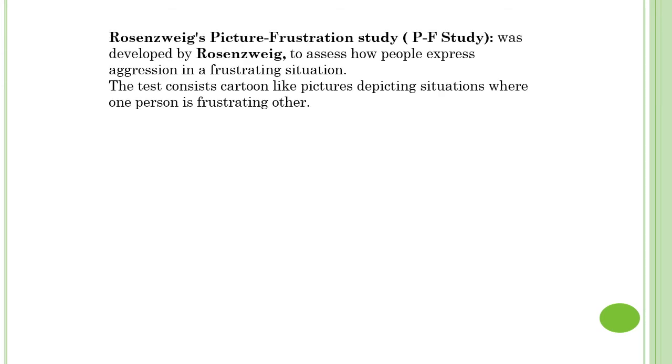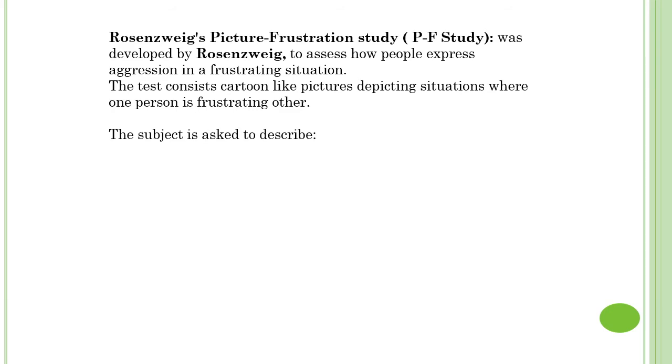The next method under projective technique is Rosenzweig's picture frustration study, which is also known as PF study. It was developed by Rosenzweig to assess how people express aggression in a frustrating situation. Here in this test, it consists of cartoon-like pictures depicting situations where one person is frustrating the other.